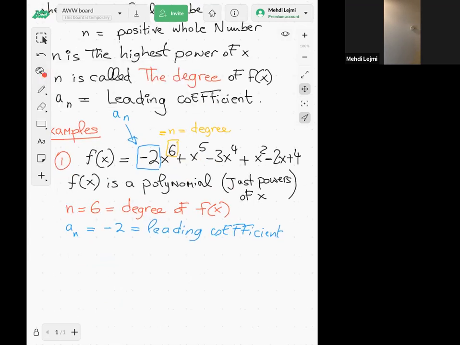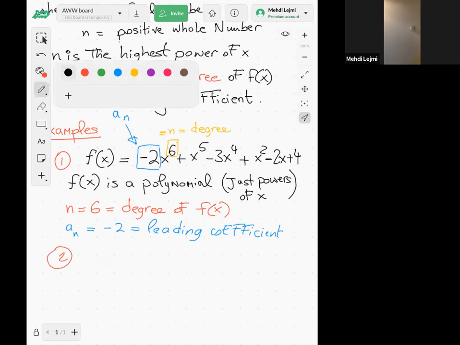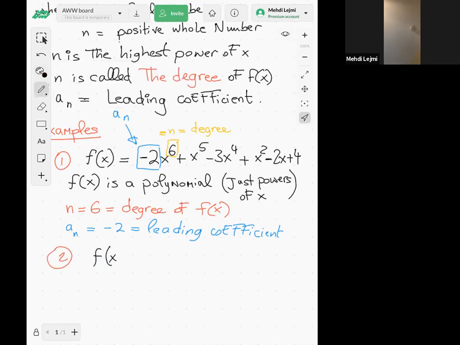Another example. So let's say f of x is equal to 7x to the power 4 minus 3x cubed plus 2x minus 4, right?